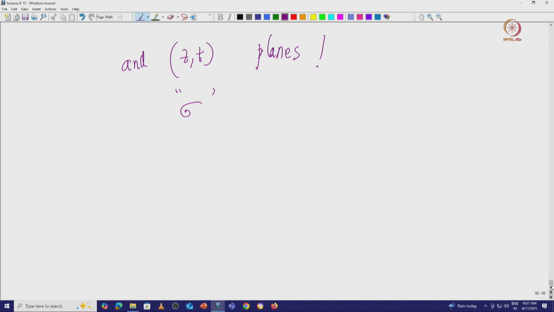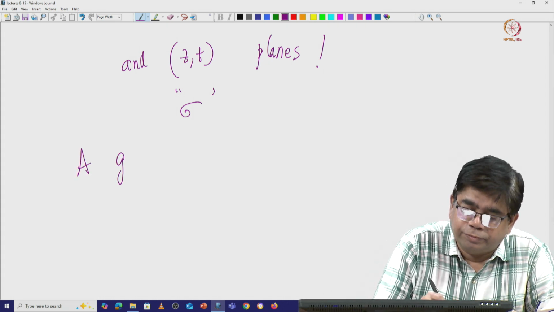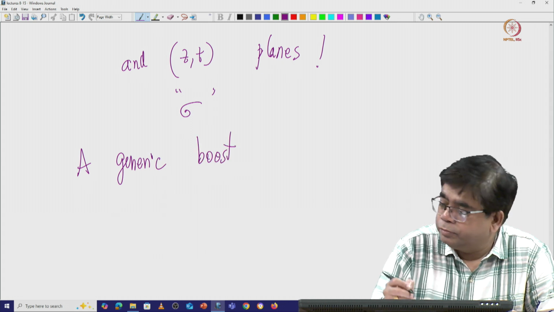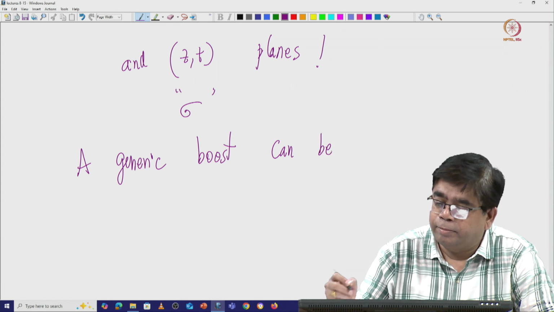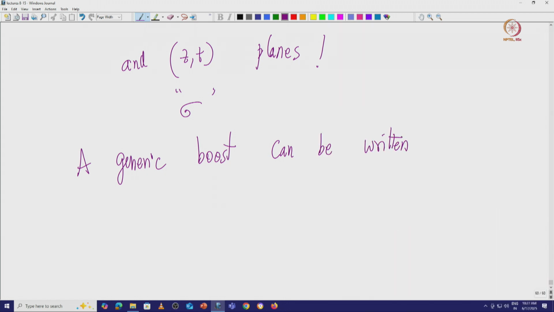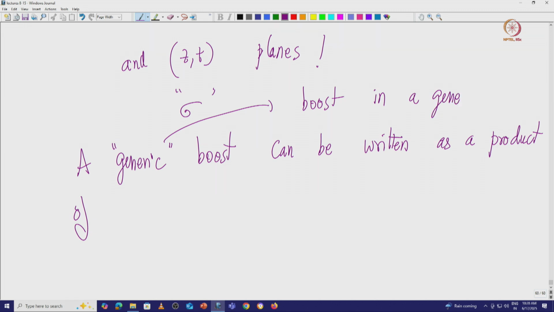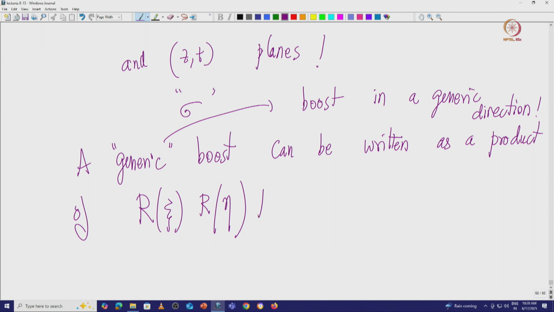So in general you can have a generic boost written as a product of R of xi, R of eta, R of sigma.